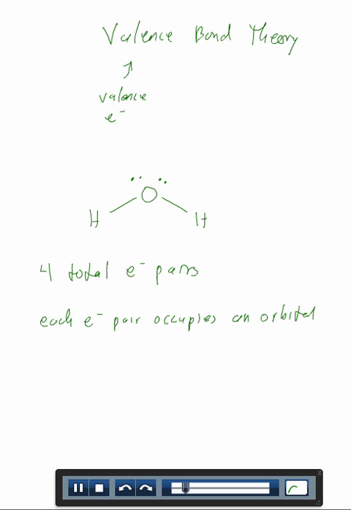Look at the valence shell of the oxygen atom. We have the 2s and the 3 2p orbitals. That's 4 orbitals total. Now these orbitals can combine together.